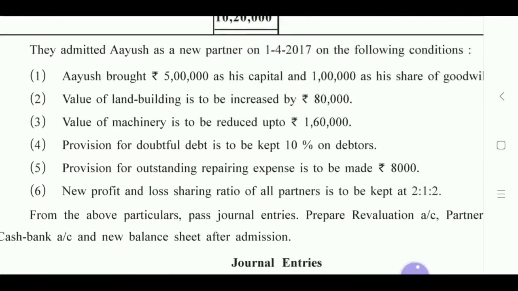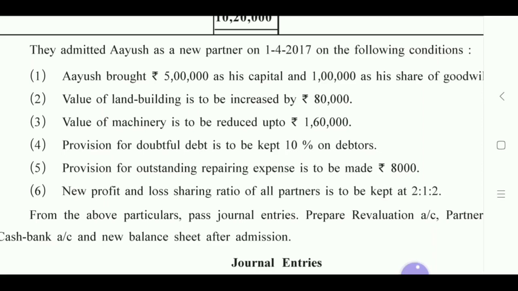Provision for outstanding repairing expense is to be made, rupees 8,000. Outstanding expense: we remember the journal entry for this. Revaluation account debit to outstanding repairing expense. We have learned all these journal entries. I have explained this very well in the previous long sum that I have taught, and this concept is given in detail in chapter 4.